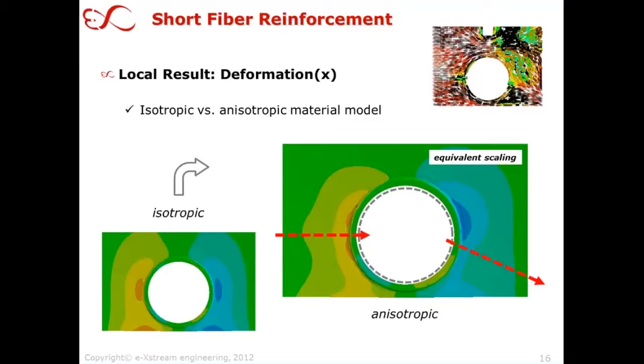So it's easy to understand, but if we now switch to an anisotropic model, indeed we see that the deformation in X direction reflects the flow lines as we find them in the fiber alignment. So the underlying microstructure really becomes visible in the results that we compute for our plate.